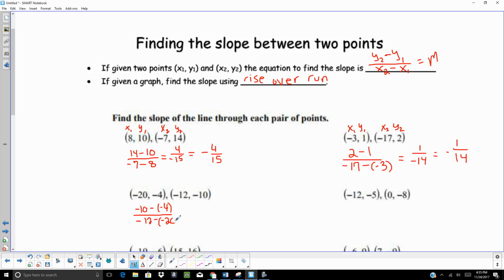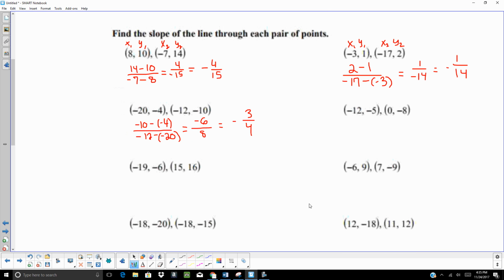And again, you want to be really careful of those signs because it's easy to make a mistake. And that is going to give me negative 6 over 8, which we want to reduce to negative 3 fourths. All right, there are 5 more here for you to do. Hit pause and do those 5 slopes on your own.